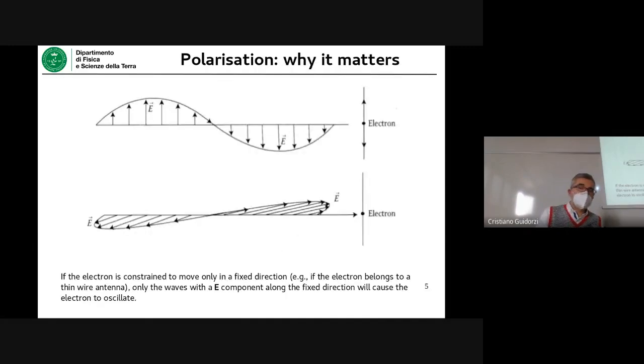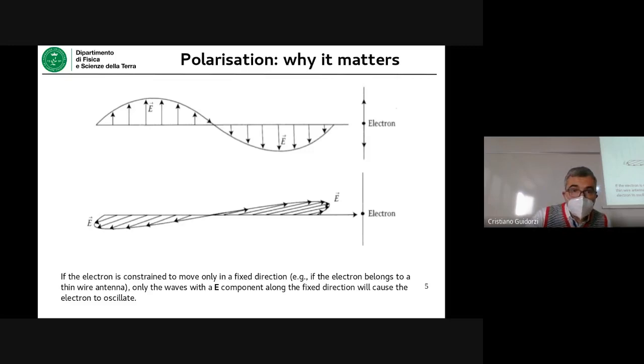Why does this matter? Well, it does matter. The possibility that a wave is or is not polarized, and if it is, in which direction, does matter. Because, for example, consider a wire of an antenna. If the polarization of the wave crossing the wire is parallel to the wire itself, of course, the electric field will make electrons oscillate.